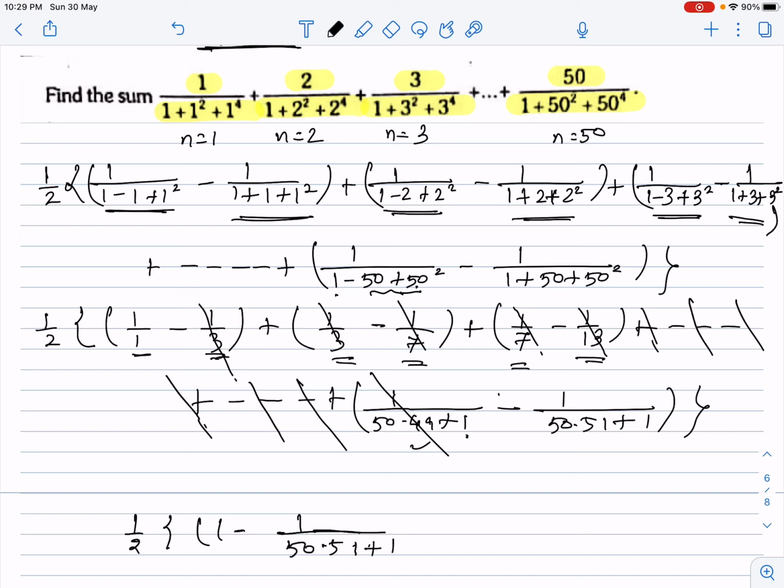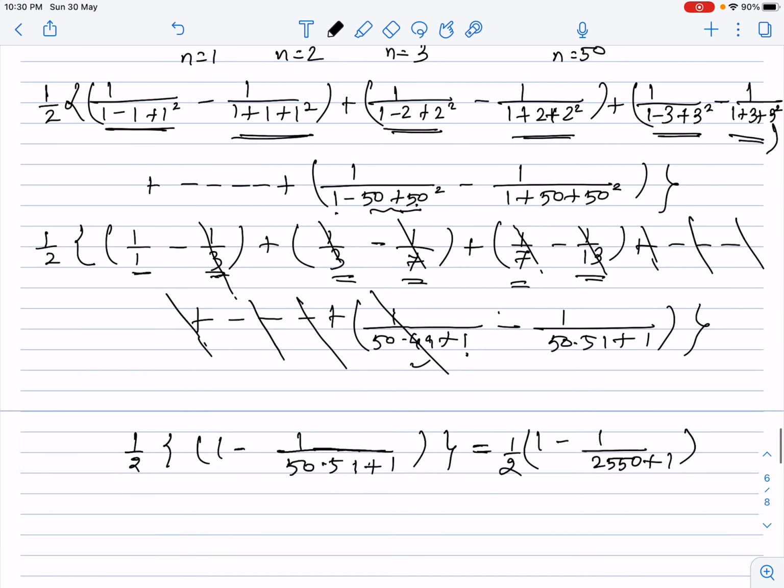So guys, what is the value of 50 multiplied by 51? You can compute it. Let me write it directly over here. The value of 50 multiplied by 51 becomes 2550. And plus 1 also we have, and the whole of this is multiplied by 1 by 2.